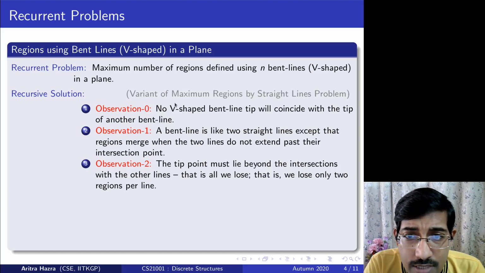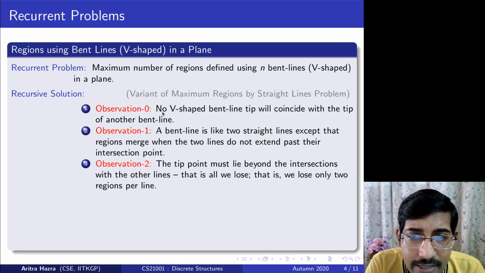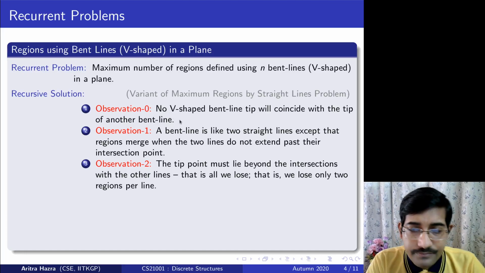So see, if we have two straight lines which are extended beyond the tip point, then we form the regions 2, 3 and 4 with that. Because one is inside the V and the other 3 are where, if you extend that V after the crossing also, you have 3 regions. Now what you do is merge those 3 regions and make it 1.